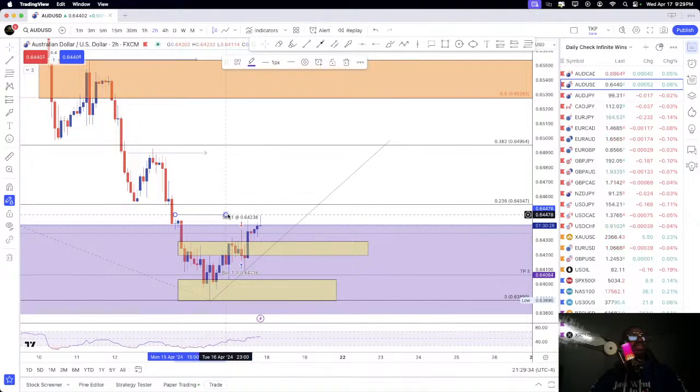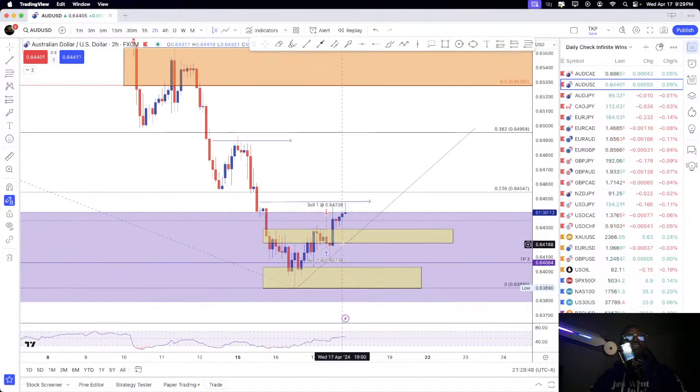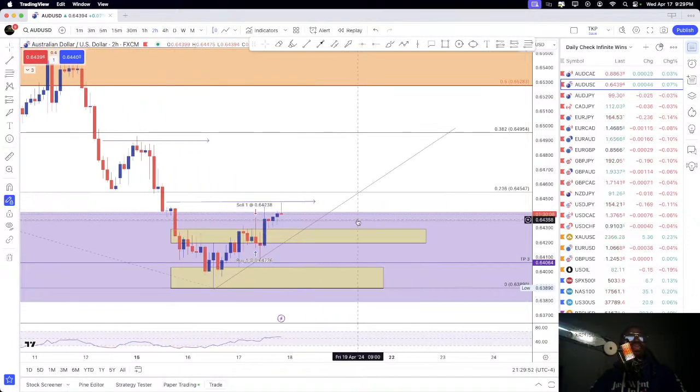So, let's see how price responds here. Yeah, so I'm not in this either, my brother. I was looking for this move, but I did not take it.